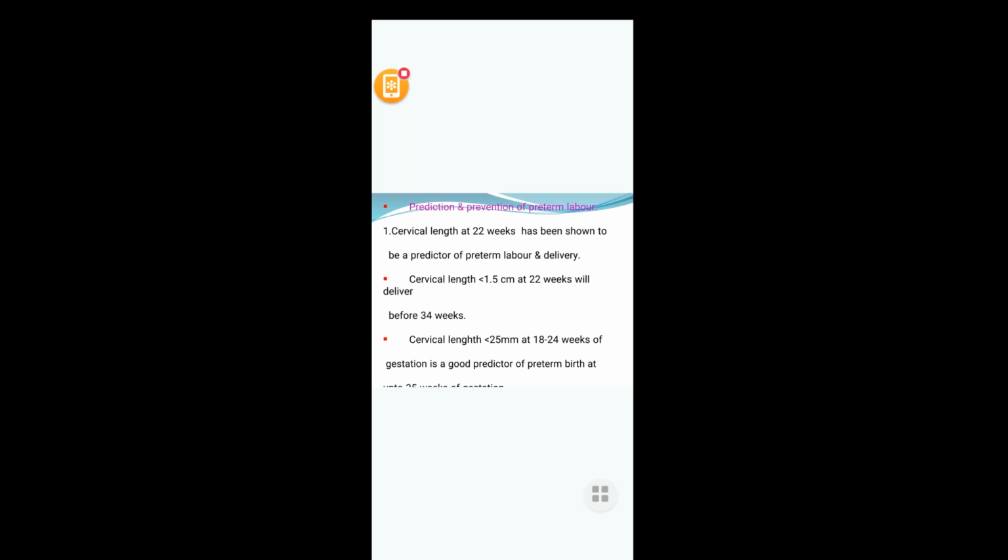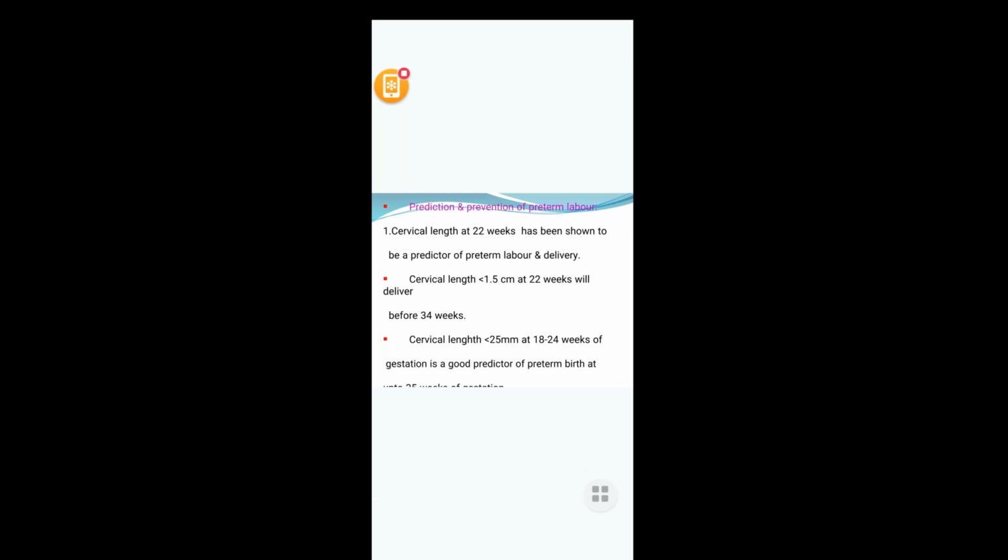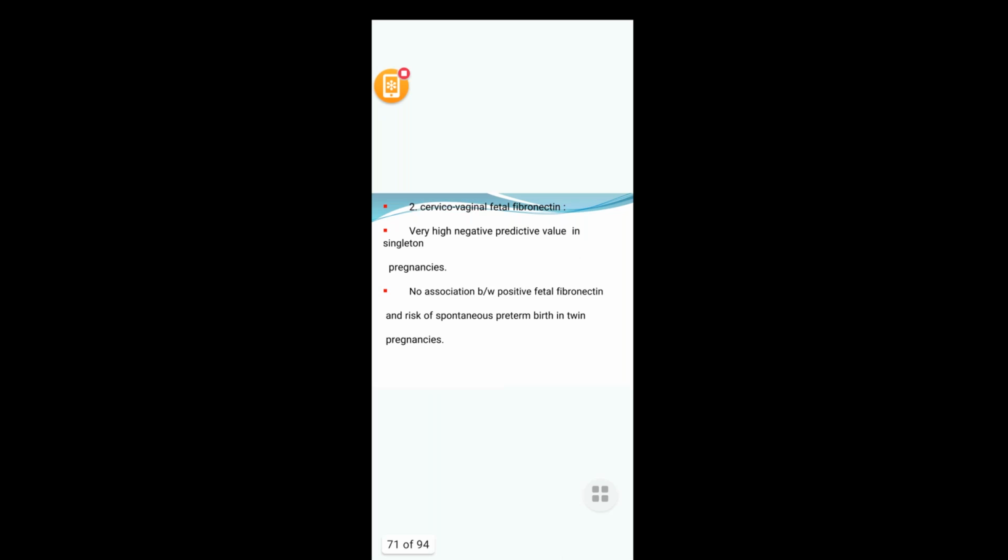Cervical length, if it is less than 1.5 centimeters at 22 weeks, usually they deliver before 34 weeks. So it should be checked to avoid preterm birth if the cervical length is less than 2.5 centimeters. So you need to think whether the womb and the cervix are capable of carrying both the fetuses, and you need to go for cervical cerclage.